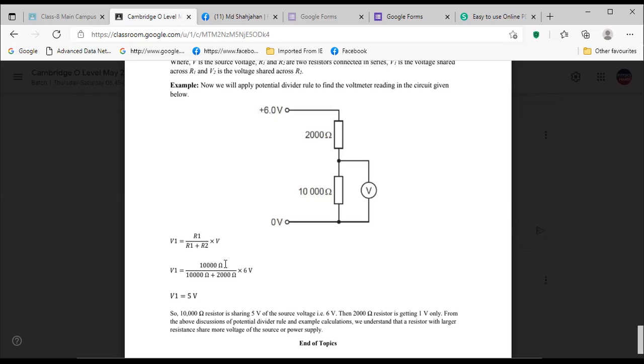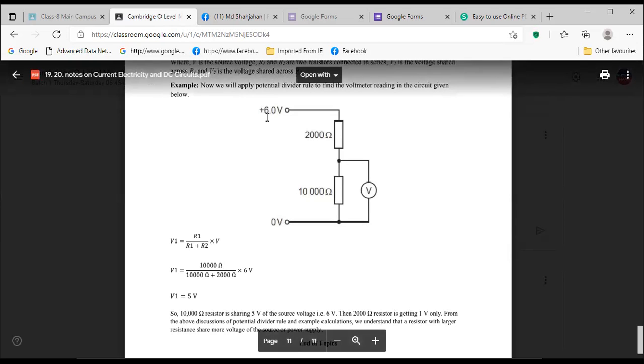But sir, in the diagram, why do we have 2 volts given? Where is 2 volt? One is 6 volts and the other one is 0 volt. This one is actually written plus, and here we have 0 volt. That means we have here potential difference of 6 volt.